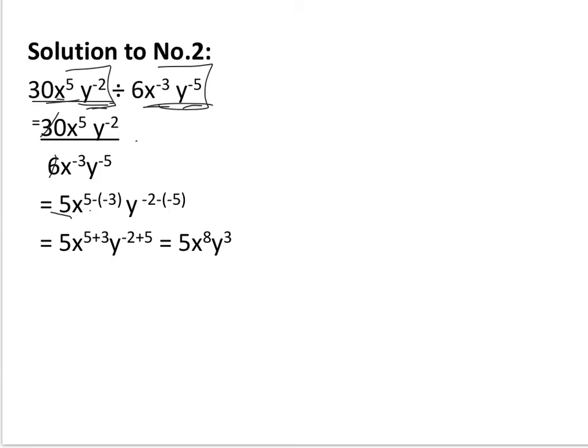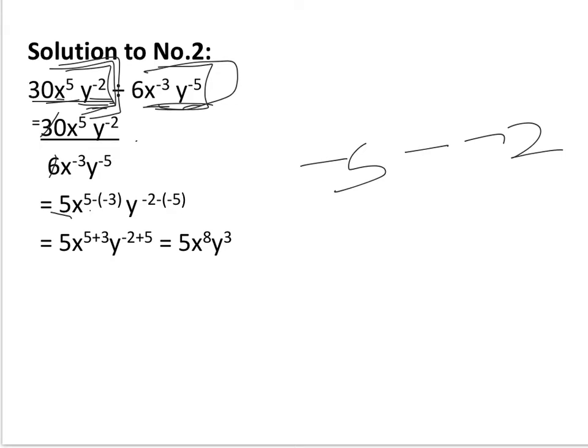You subtract minus 3 from 5 and not subtracting 5 from minus 3. So that's why we have it here. For y, we have minus 2 minus 5 and not minus 5 minus 2. So you are subtracting the powers of this side from the powers of this side.